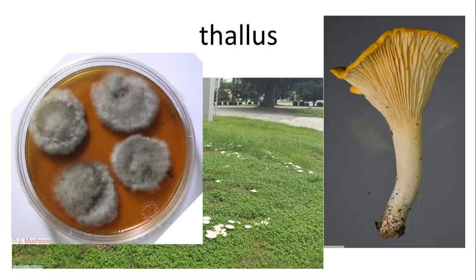If we go to that which you often see, this is a thallus. In this particular case, we're looking at a fungus that is growing in culture media. You don't get any differentiation of material in it, but this is a thallus. You've seen thalli of fungi when you look at an orange that has got that green powdery mold on the outside of it.